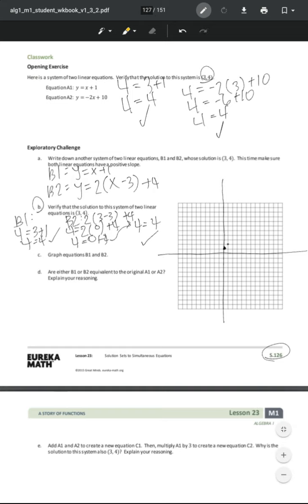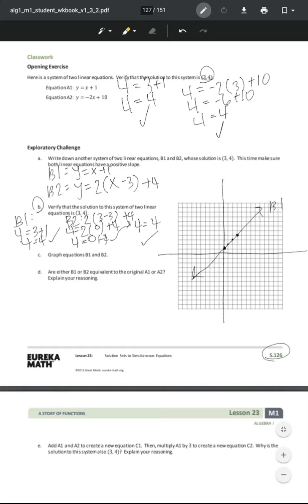Up 1 over 1. Okay, so this is my line. So this is B1.